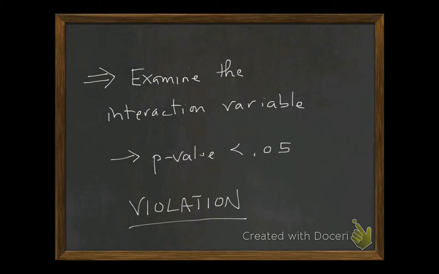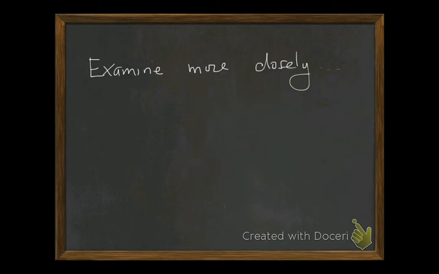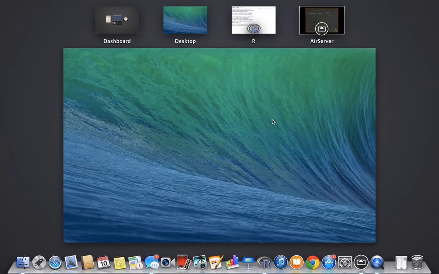That's not what we do in ANCOVA. In ANCOVA, we're looking at a situation where we have a factor plus a continuous variable that we call our covariate. But nevertheless, the interaction variable, if it's statistically significant, then that means that we have reason to believe that we have violated the homogeneity of regression slopes.